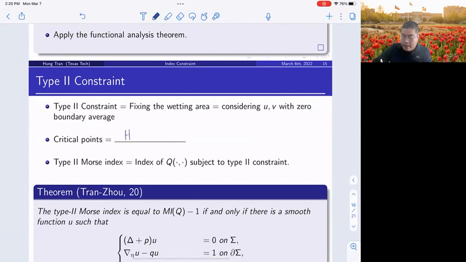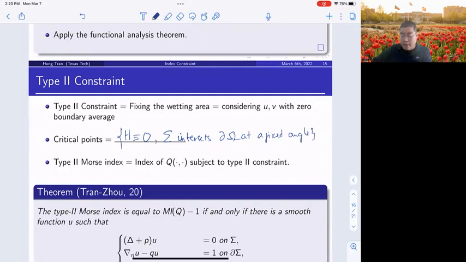So here, the mean curvature must be equal to 0, and sigma here also intersects the boundary of omega at a fixed angle. So this is a special case of capillary surface.